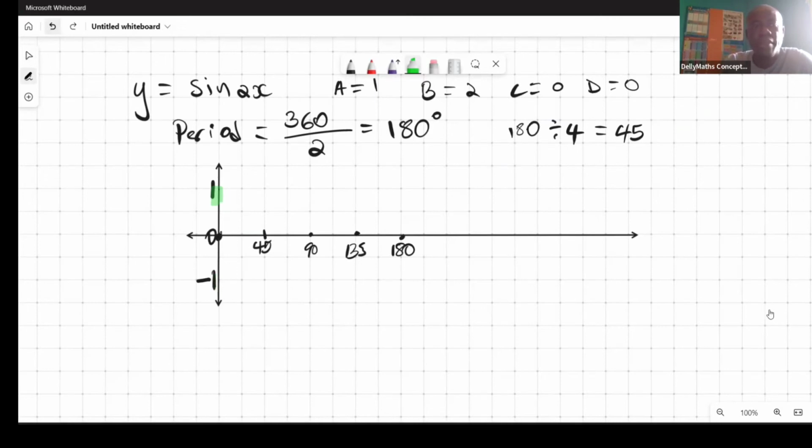All right. Remember the sine graph, the general shape, it's positive. So it's going to go up. We're going to go up to maximum at 45, come back down at 90, crossing the x-axis there. Then it goes down to the minimum at 135 there, and then it comes back up right there. So that's the general shape.